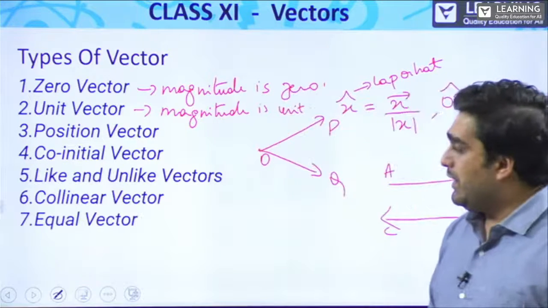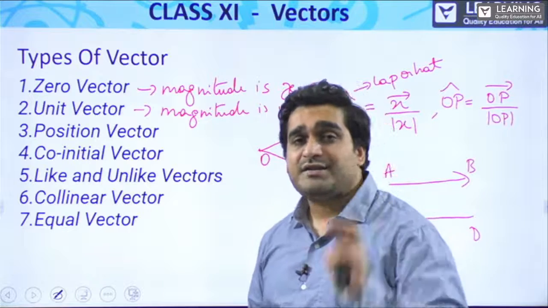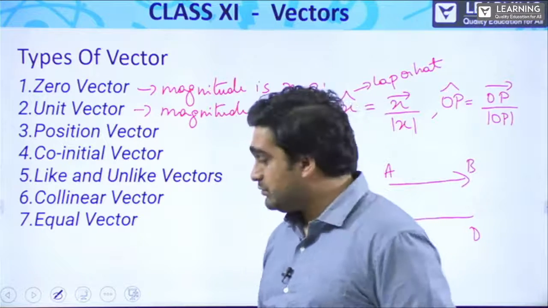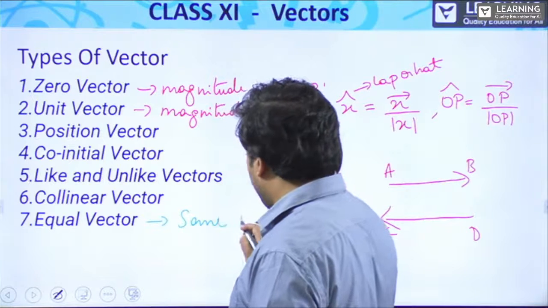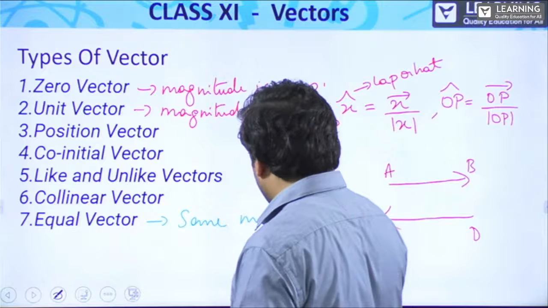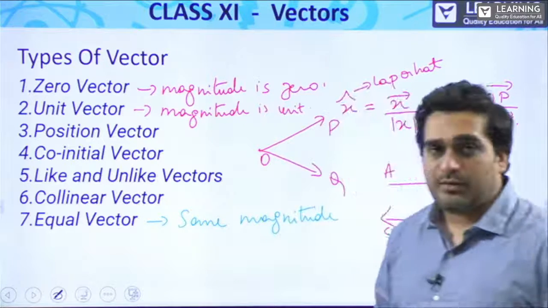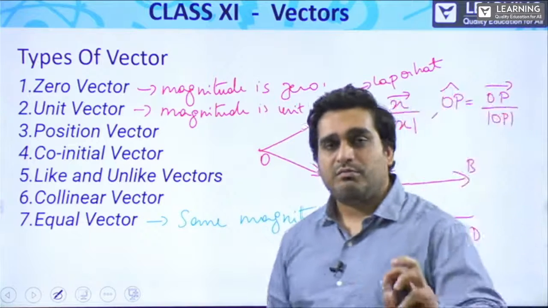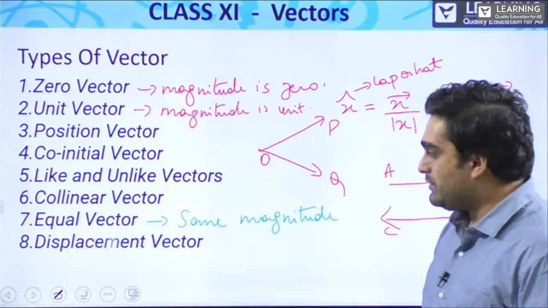Next, equal vector. If two vectors have the same magnitude and point along the same direction, they're called equal vectors.